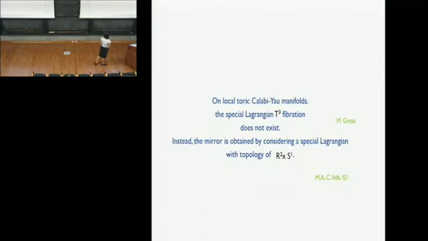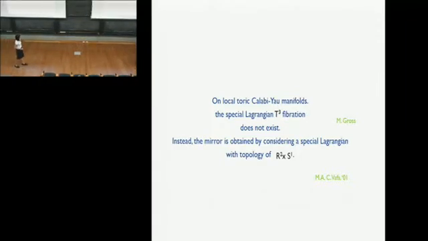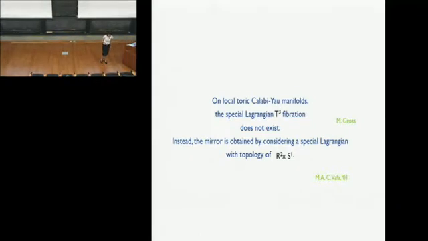Okay. Now, on a local toric Calabi-Yau manifold, it's known that such special Lagrangian T3 fibration does not, in fact, exist. And instead, you get the mirror by considering a special Lagrangian of topology of R2 times S1.